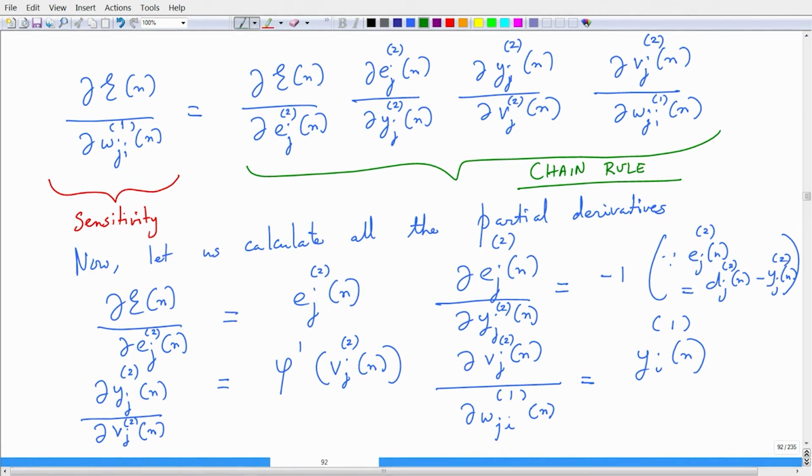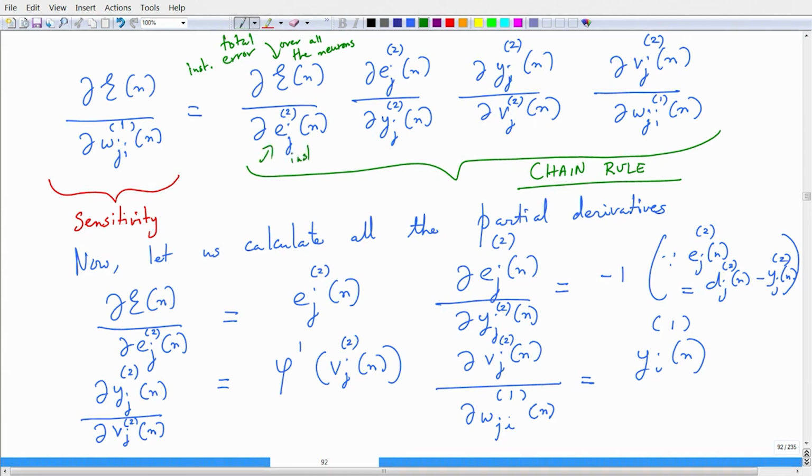This is the sum error, which is the total error over all the neurons, and you take the partial derivative of this total error, I would say instantaneous error, with respect to the instantaneous error with respect to neuron j.